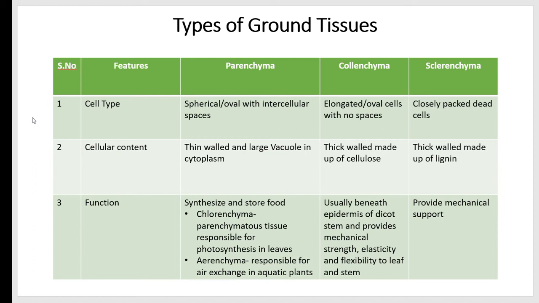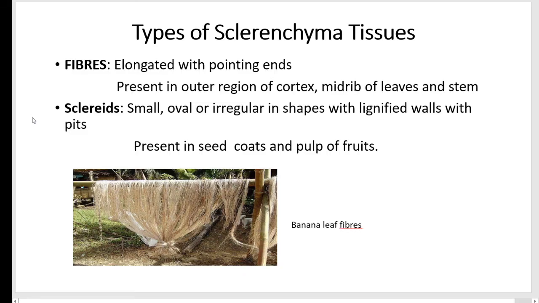Whereas collenchyma is present beneath the epidermis and provides mechanical strength, elasticity and flexibility to the leaves and the stem. Sclerenchyma is purely responsible for mechanical support.